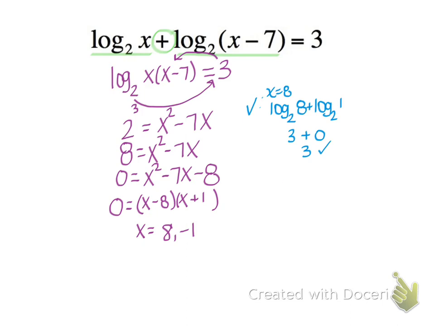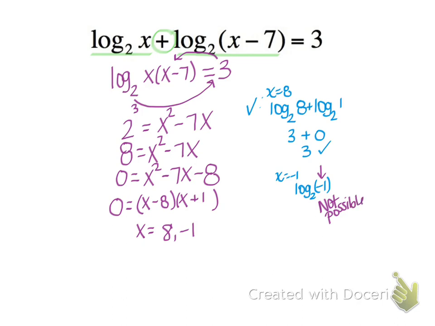We'll do the same thing for our other solution, negative 1. If I start plugging it in for my x's, I get log base 2 of negative 1. And I'm going to stop right there. I'm not even going to continue. The reason is that right now we have to take the log of a negative number. Remember that that is not possible. We cannot do that.